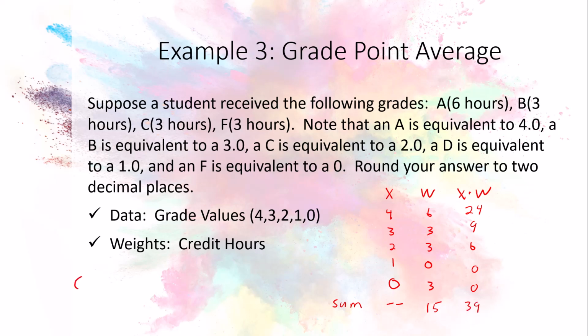So our GPA is going to be 39 divided by 15, which is equal to 2.6. So that is how we compute your GPA.